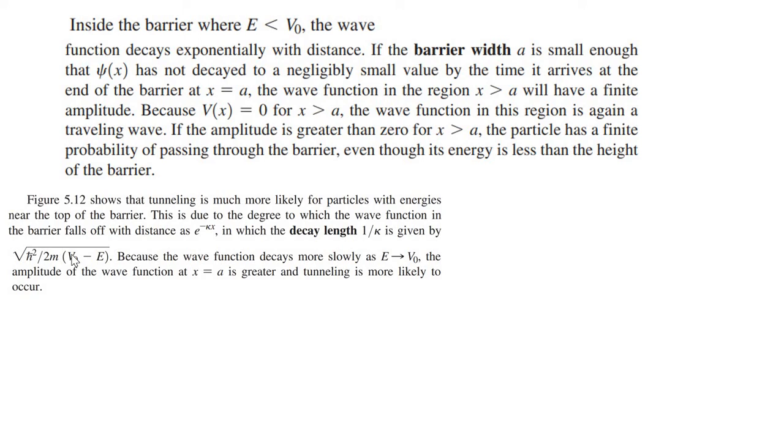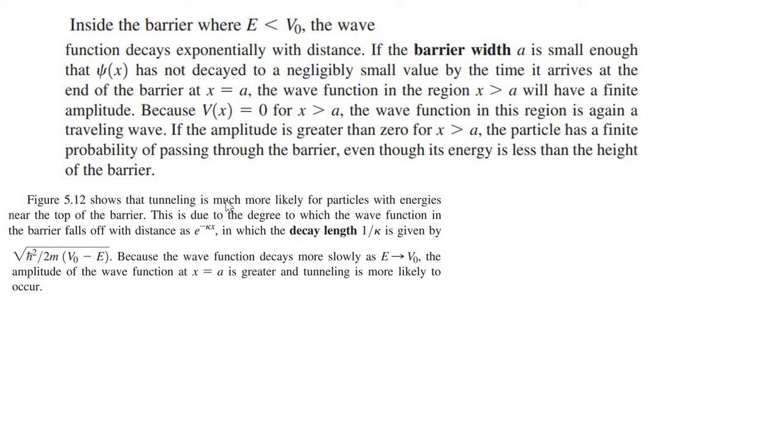So if the denominator is quite high, then the overall result would be very small, right? And just the opposite happens if E is very close to V0, that means E is quite high, then the difference is very small, so the denominator is small and the overall result is very high, right? So that's all about it. Let me read out the whole paragraph.